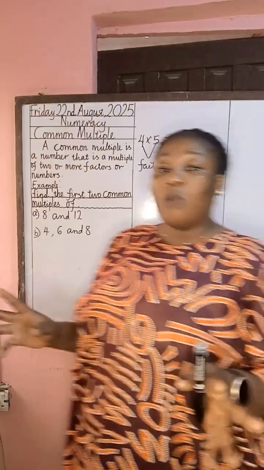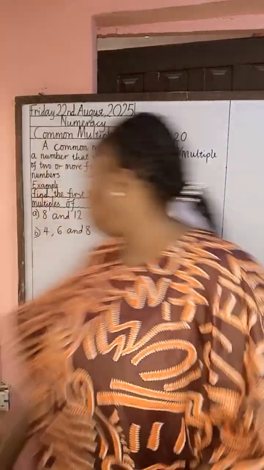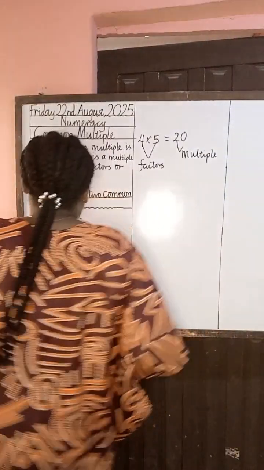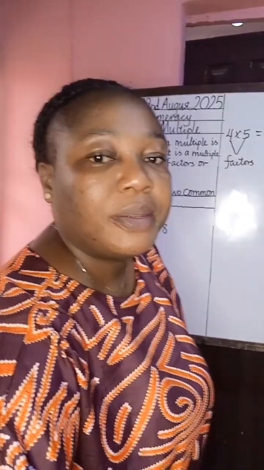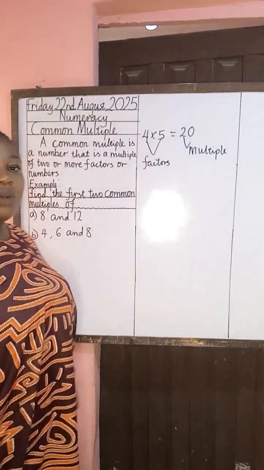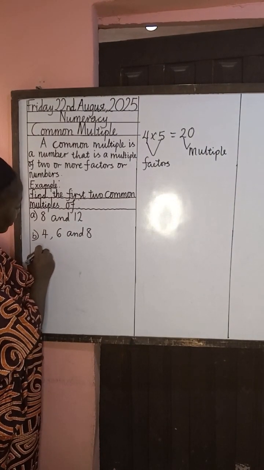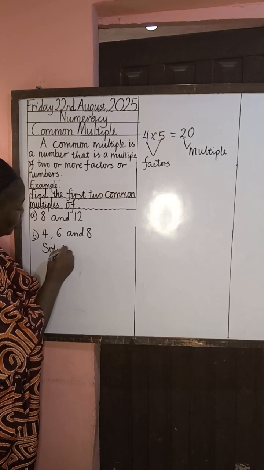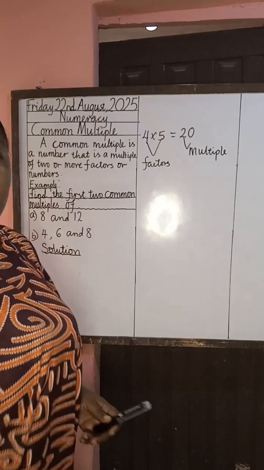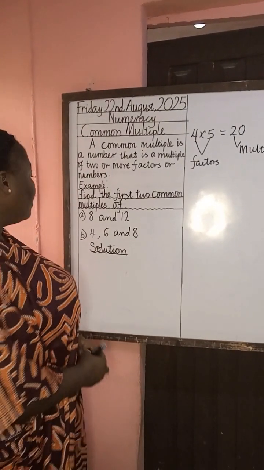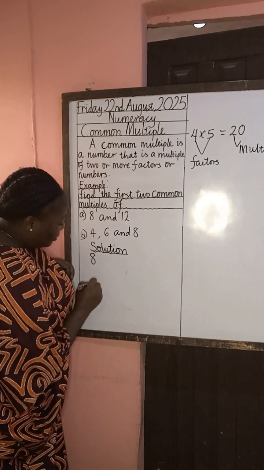We want to find the first 2 common multiples of 8 and 12. Let's go. Solution.